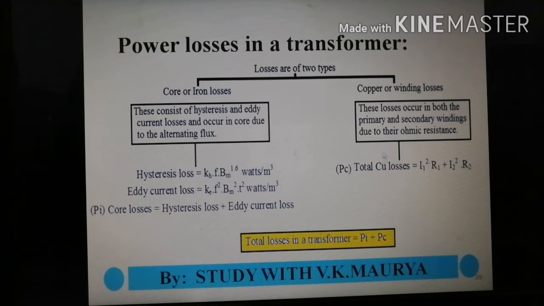There are typical formulas given for the copper loss and for the hysteresis and eddy current losses. The total losses in a transformer is given by Pi plus Pc, I for the iron, C for the copper. So total losses in a transformer is equal to total iron losses plus total copper losses, Pi plus Pc.